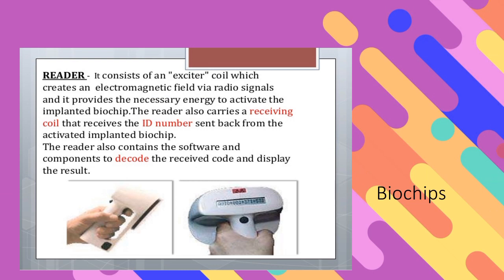This reader consists of the exciter coil, which produces an electromagnetic field. This coil will produce the electromagnetic field via the radio signal.